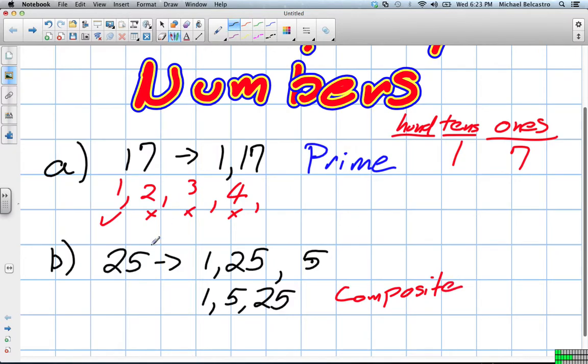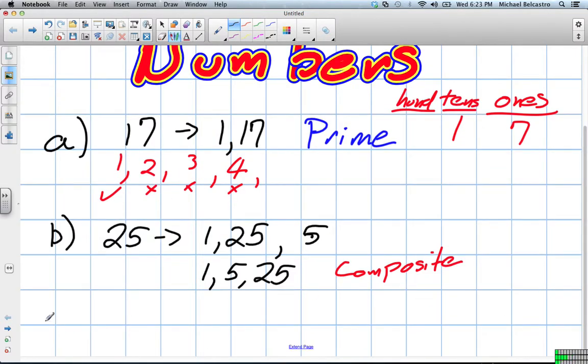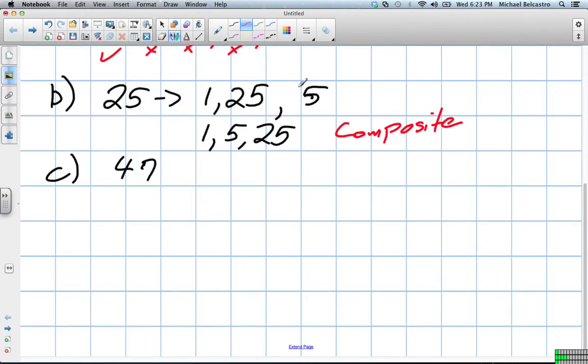So in this one, what we're going to try to do, what's the next one? 47. Okay, before we even start going through the factors, we're going to think of numbers that squared would be close to 47. So there's only certain numbers like this, and I'm going to write them out.